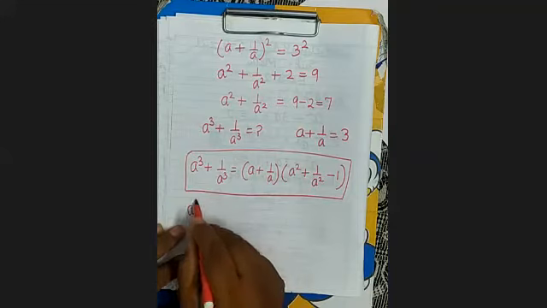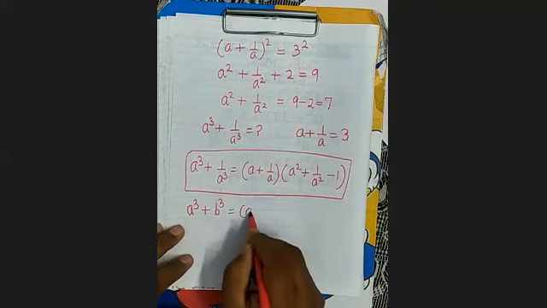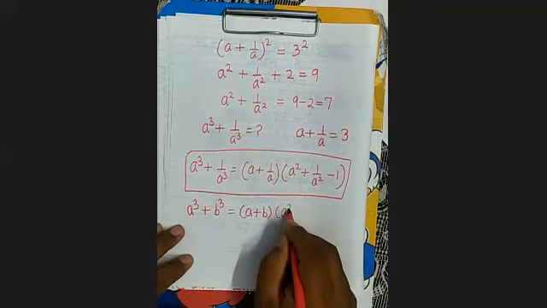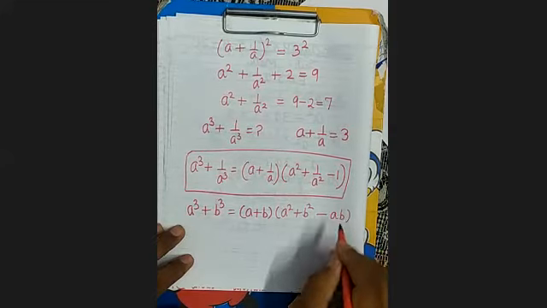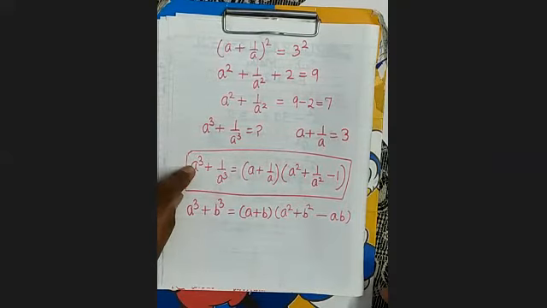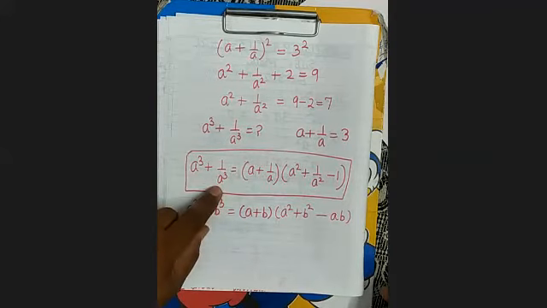By using this formula: A cube plus B cube equals to A plus B in one bracket, in the other A square plus B square minus AB. Means here in place of A, there is A. In place of B, there is 1 upon A.